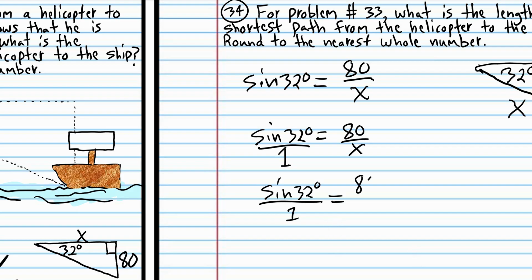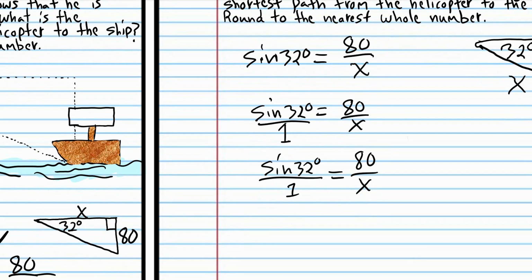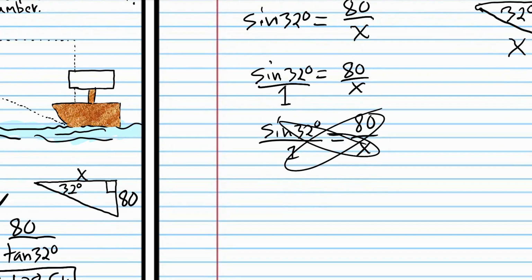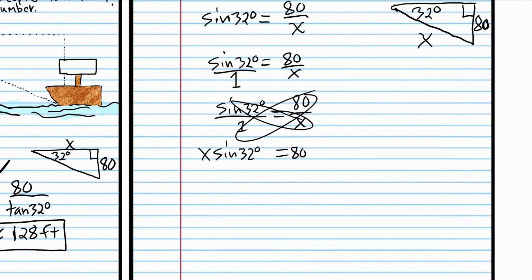And we're going to cross multiply. 80 times 1 is 80. And x times sine 32 degrees is x times sine 32 degrees. Then we're going to divide both sides by sine 32 degrees to isolate x.